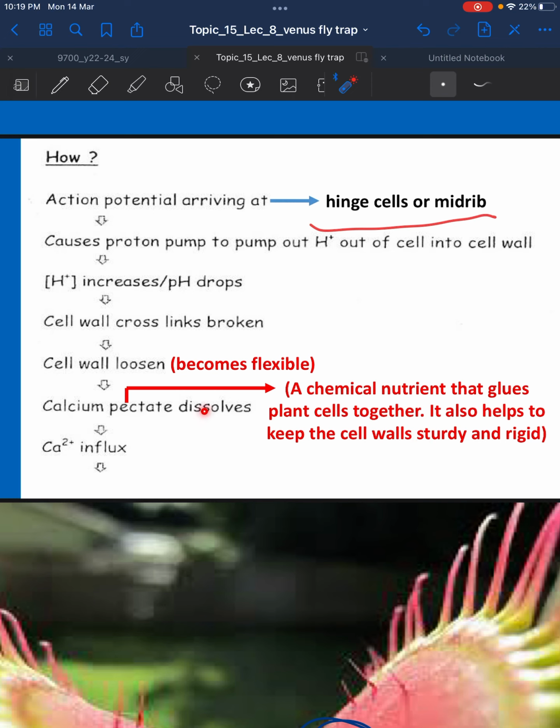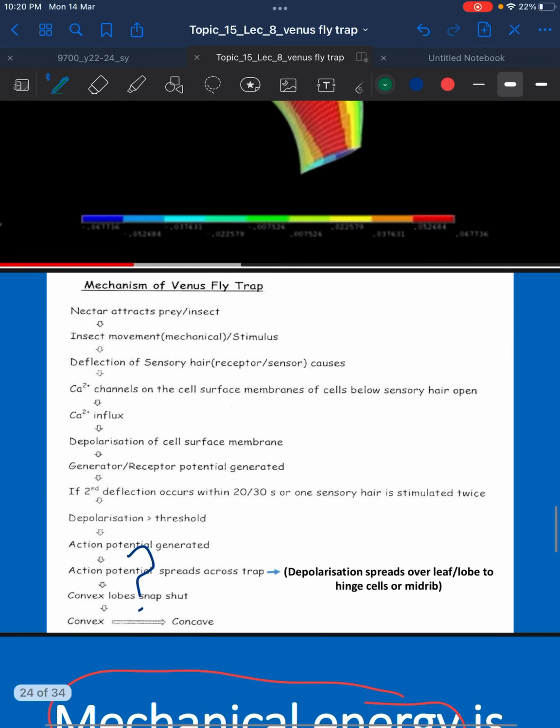So the acid, okay, does two things. The acid, the low pH, does two things. The first one, cross-link broken, and then calcium pectate dissolves. And then of course the influx of the calcium, remember we know that already from the earlier one.